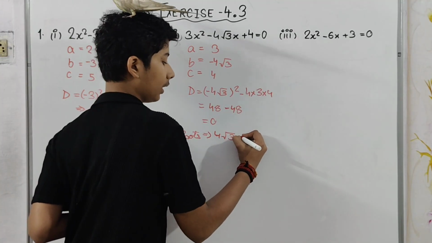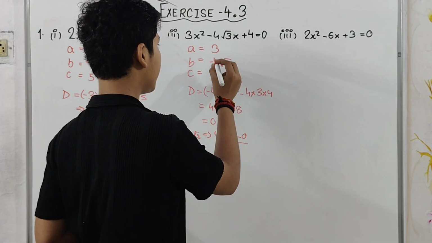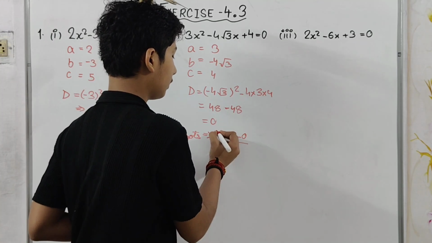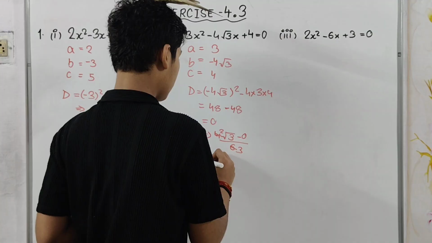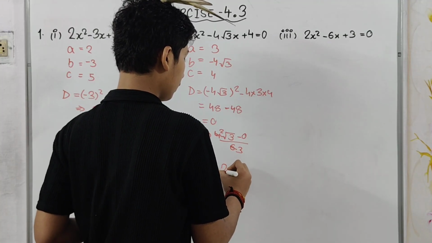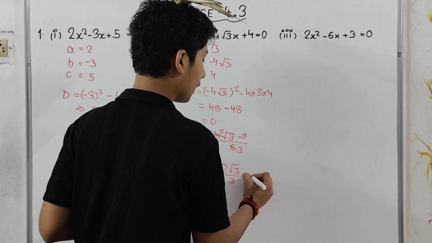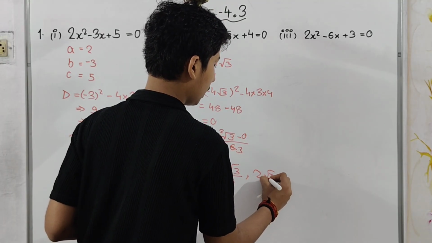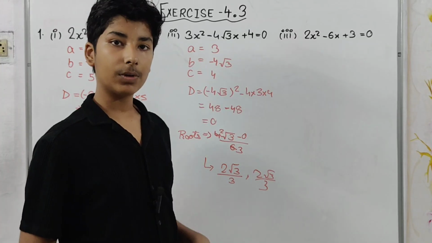So here it will be minus 0, or plus 0, upon 2 into a. 2 times 3 is 6. Here 3, here 2. So the roots will be 2 root 3 upon 3, comma 2 root 3 upon 3. These will be our roots. Both roots are equal to each other.